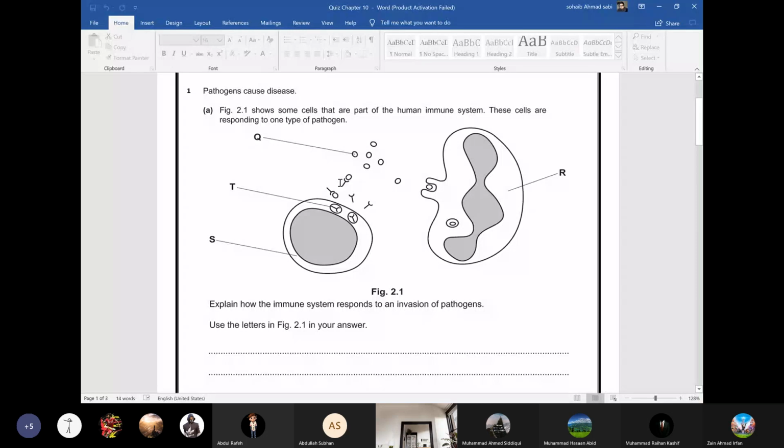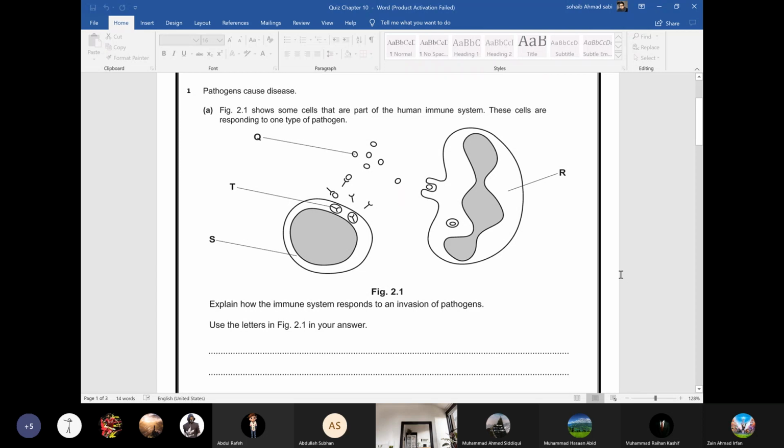Then you will tell that the T antibodies attach to the Q pathogens and make the pathogens harmless. Then our phagocyte eats or engulfs the pathogen and destroys it.